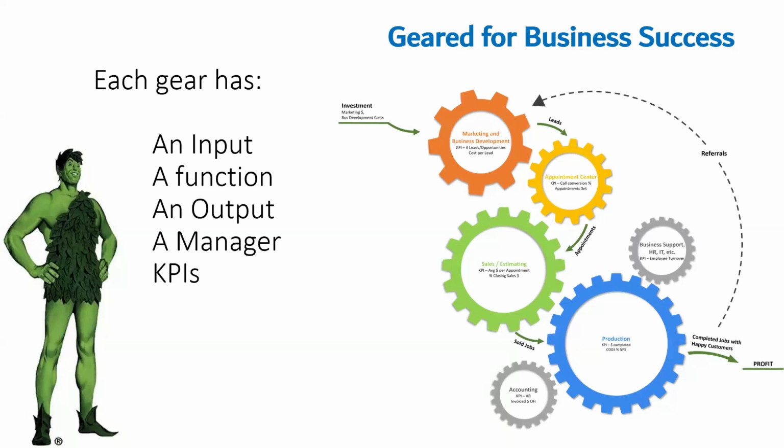And each has an output, meaning what it sends on to the next gear. Each gear also has a manager, the person who is responsible for that function. No matter how small the business is, there is still someone responsible for this function. It may not be all they do, but there is someone responsible.